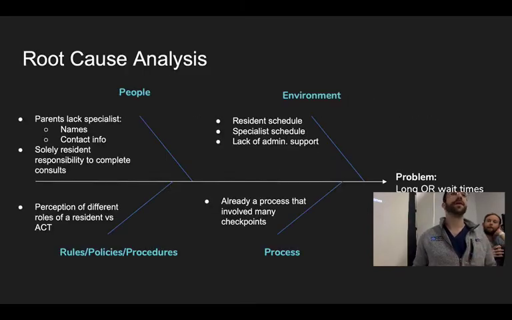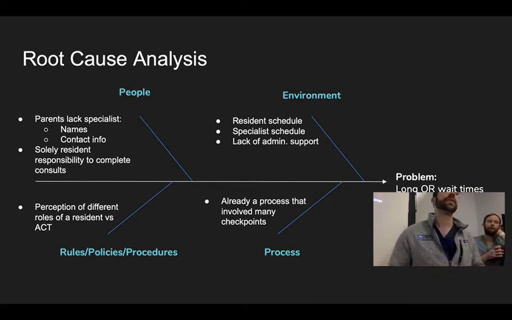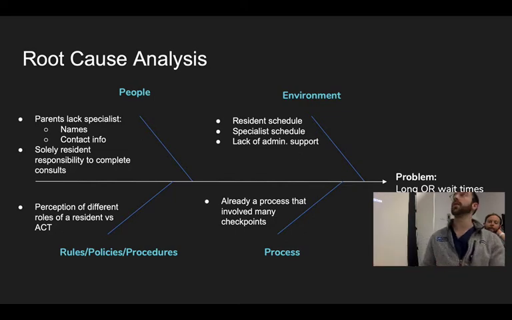It's amazing when they come in and have the magical list that has everyone listed with their contact information, but that's very rare. Oftentimes they come in lacking even the names of their physicians, so we have to do extra investigatory work to figure that out. Sometimes they do know the names, but they don't know their contact information. And this is the sole responsibility of the resident to figure all that out to get the patient in the process of being seen in the OR.